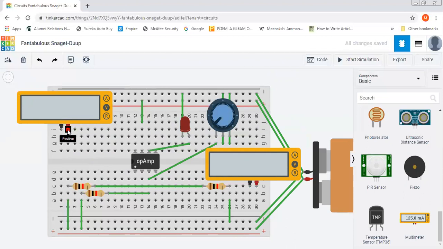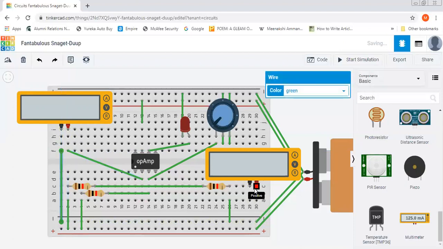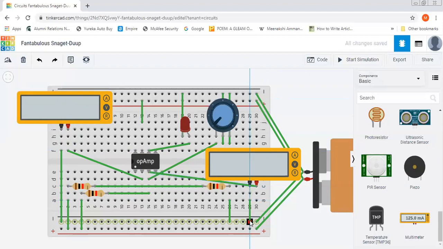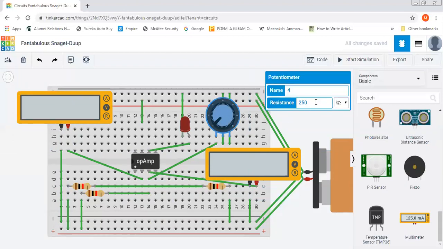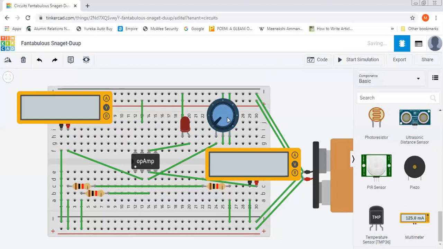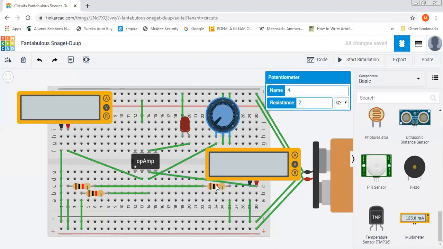So through this voltmeter, let us find out how much is the voltage at the inverting terminal. And through this voltmeter, let us find out how much is the voltage at the non-inverting terminal. Let us keep the resistance here 2 kilo ohm. So it is 2 kilo ohm here, 1 kilo ohm here, 1 kilo ohm here, 1 kilo ohm here.